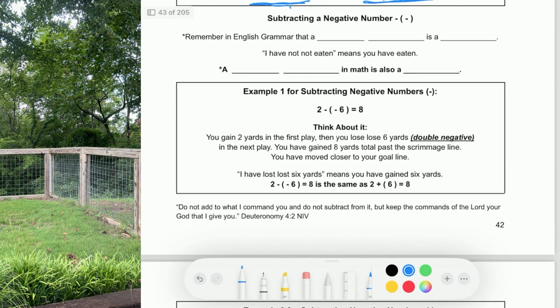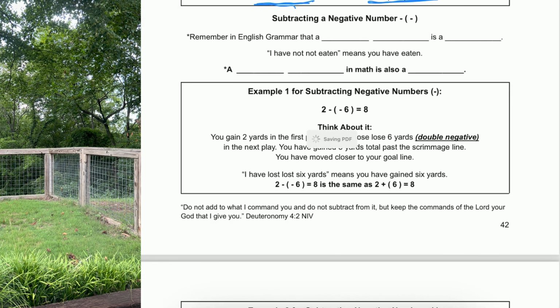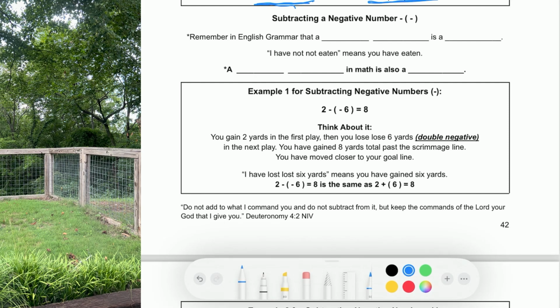Okay, so subtracting a negative number. Remember in English grammar that a double negative is actually a positive. So let's think about that with this example sentence. I have not eaten.